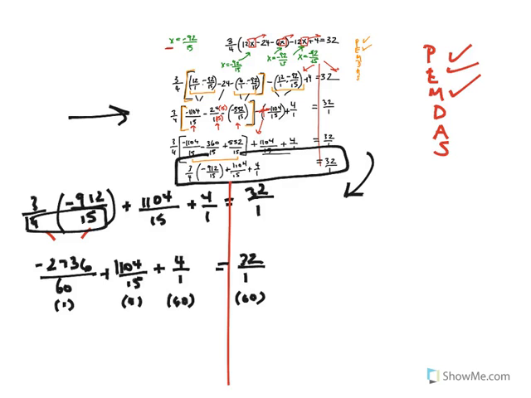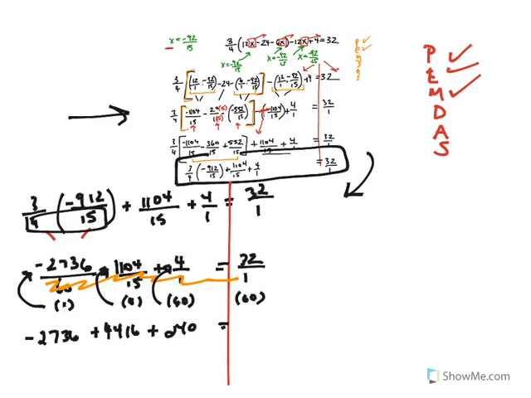So I'm trying to make the denominator go away. I multiply the number on the bottom by the numerator, and I get negative 2,736 here, plus 4 times 1,104 gives me 4,416, plus 60 times 4 gives me 240, equals 60 times 32 gives me 1,920.